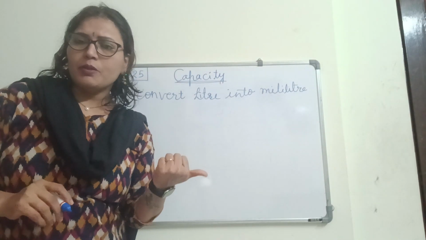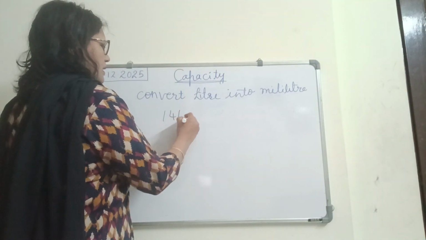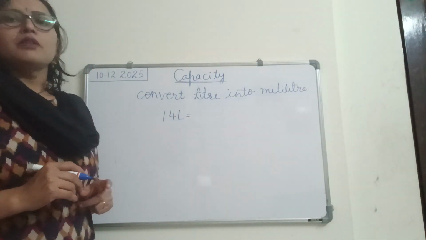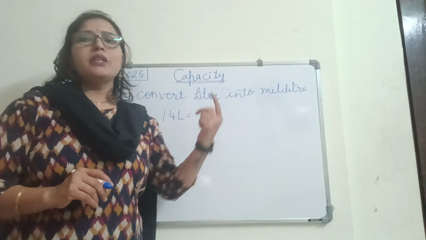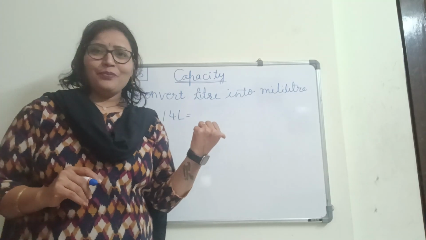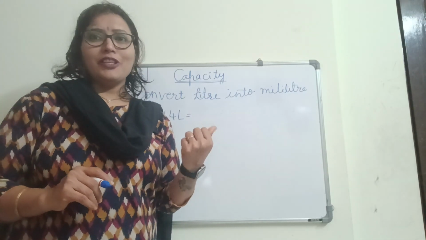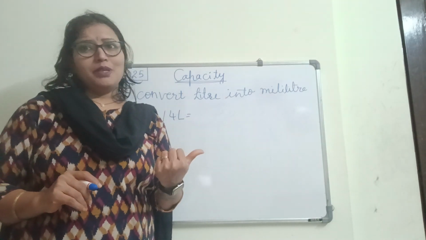So how to convert? Because here liter is the bigger capacity. Suppose this is 14 liter. When we are converting bigger liter into the smaller units, we have to multiply by 1000. We learned this in measurement, with meter, kilometer, and centimeter also.